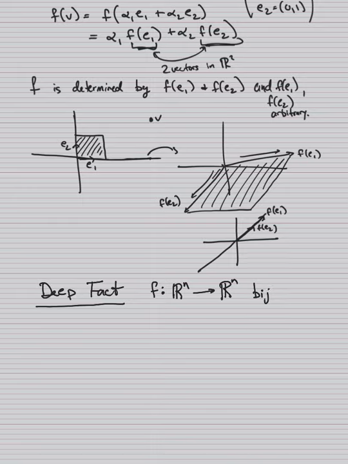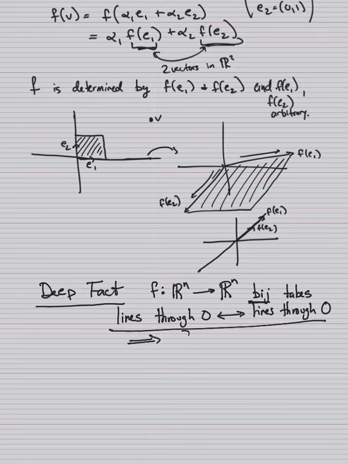But if you take a bijection, and it takes lines through 0 to lines through 0, which we know is what linear transformations do, taking any line through 0 to another line through 0, then this implies f is a linear transformation.